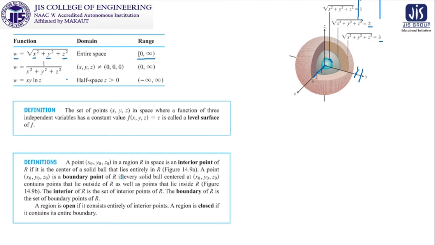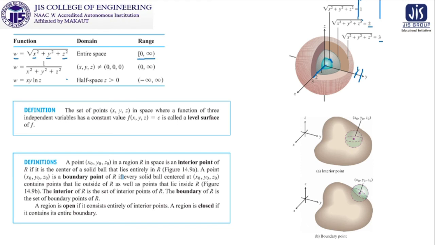So the concepts of interior point, boundary point, the open region, and the closed region are similarly enhanced as we have discussed for two variables. Just for the pictorial representation, please think about it. If you want to get a boundary of a point on a plane, you need a circular disk. But if you want to get the boundary of a point in space, you need a sphere.